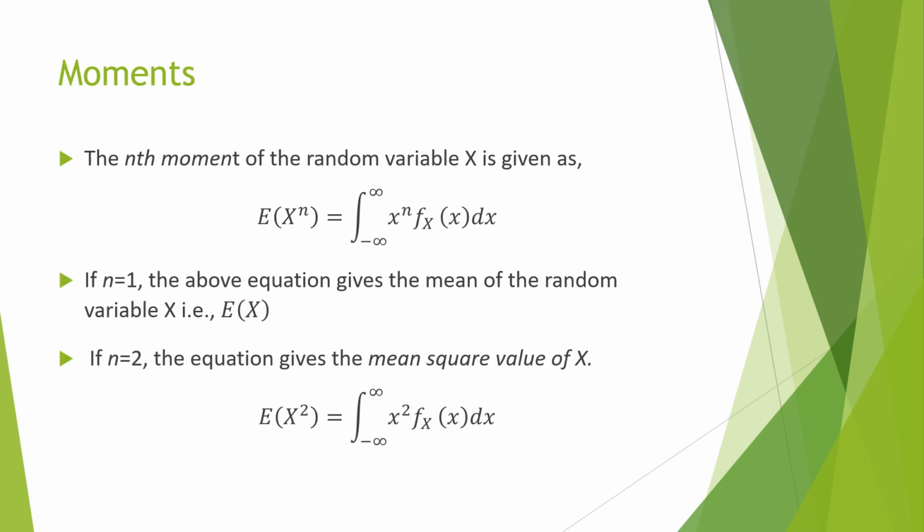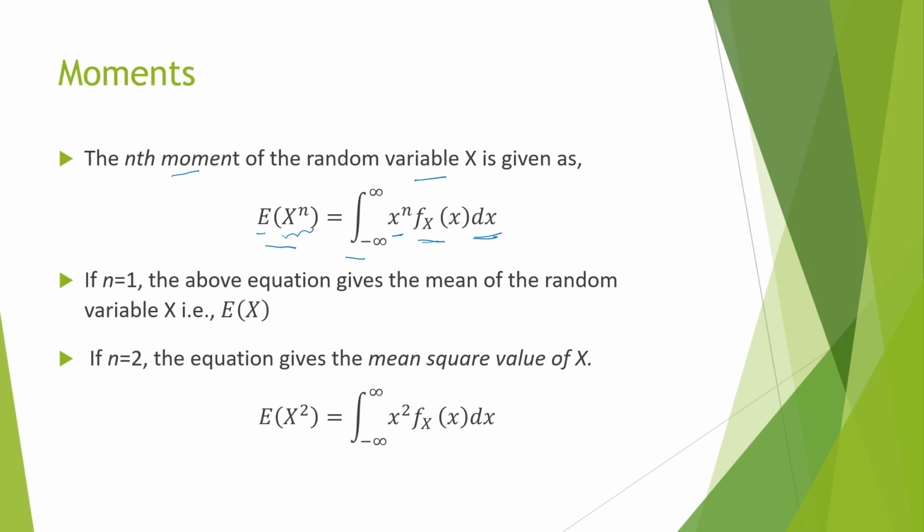Now we define moments. The nth moment of a random variable is defined as E[X^n] = integral from minus infinity to infinity of x^n fX(x) dx. As we have seen already, if you want to compute the expected value of any argument, you multiply this argument with its PDF and integrate it.